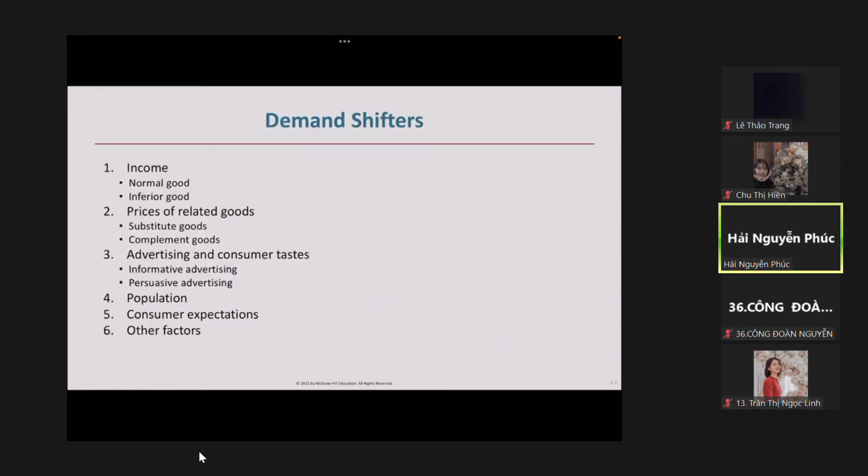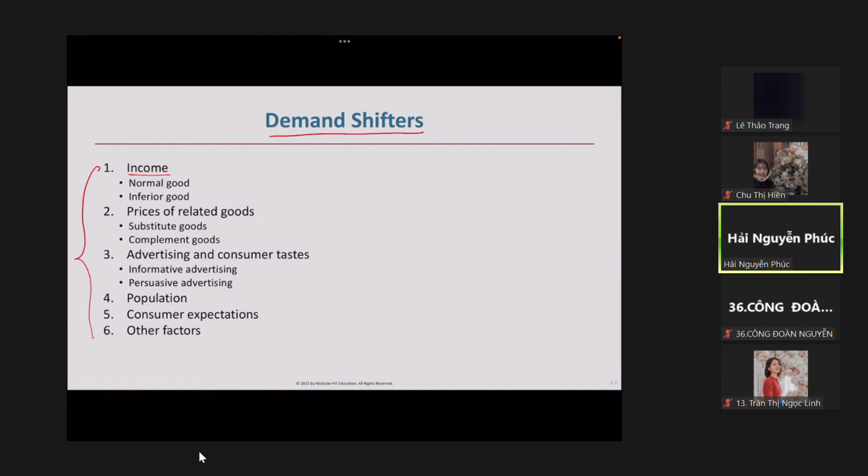Now this slide summarizes the key demand shifters, namely income, price of related goods, advertising, population, expectation, and so on. The effect of income on demand tells us whether a good is a normal good or an inferior good.